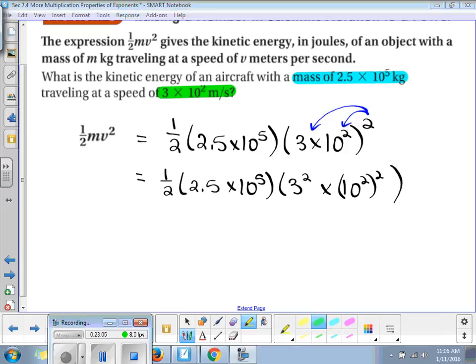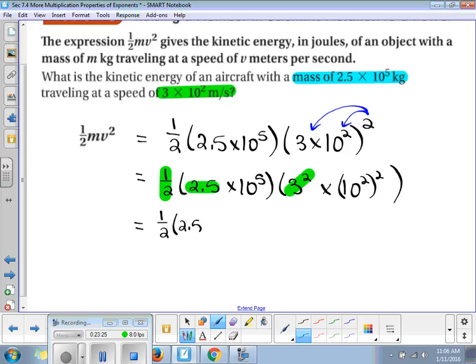So because all of this is times, we can multiply in any order we want to. So I'm going to multiply the 1/2, the 2.5, and the 3 squared. Now I'm just going to reorder it. I'm just going to write them all out. So we've got 1/2 times 2.5 times 3 squared, which is 9.